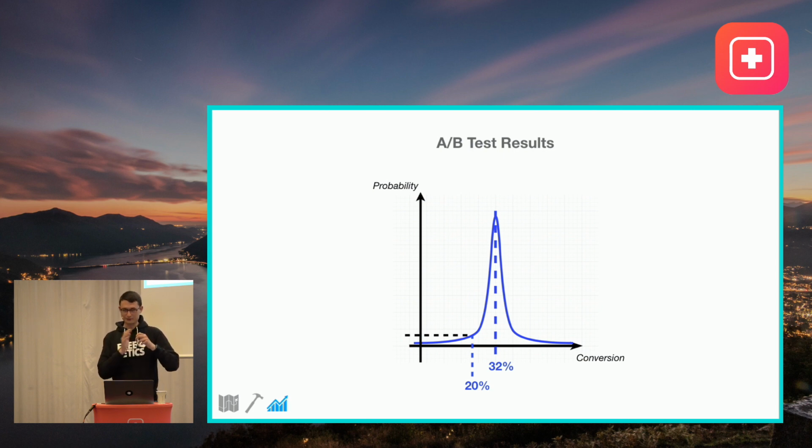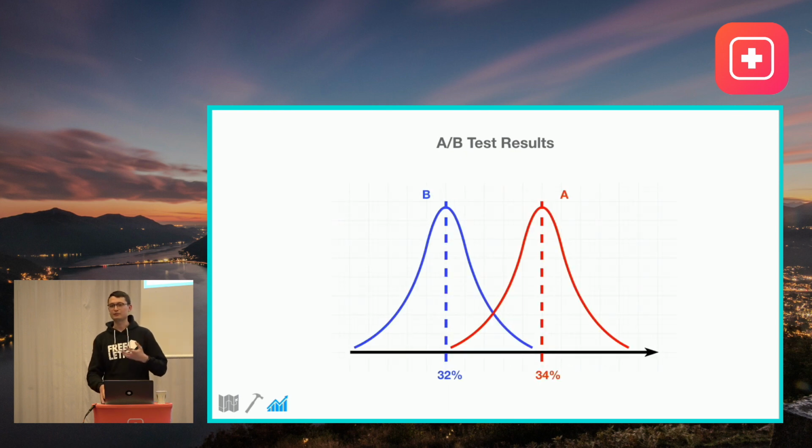So now we just touched a bit on the topic of statistical significance. Let's assume we have this A/B test and we observed these two conversion rates for the A and B cases, one is 32%, one is 34%. And can we already stop an A/B test? That depends on this intersection square.